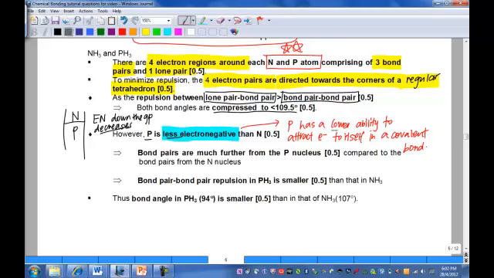Because P has a lower ability to attract electrons to itself in a covalent bond, you need to insert that the electrons in the bond pairs are much further from the phosphorus nucleus compared to the electrons in the bond pairs from the N nucleus.